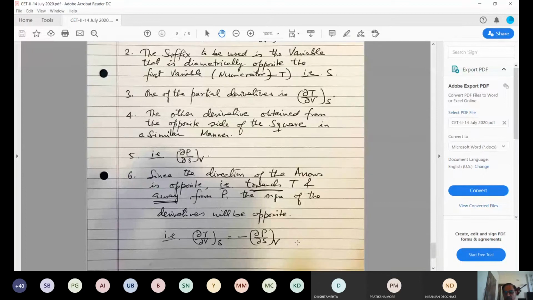How many people did not understand this? Sir, the sign convention was not understood? Sir, I did not understand, no one understood? Okay, so let's see if I can draw and show it.